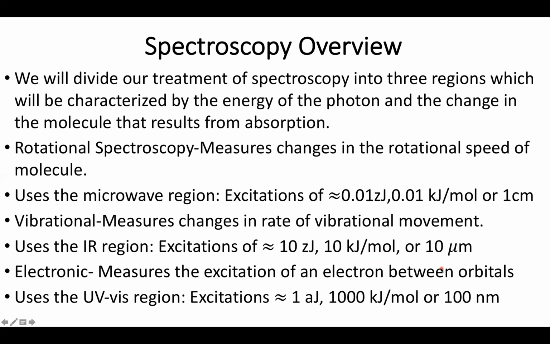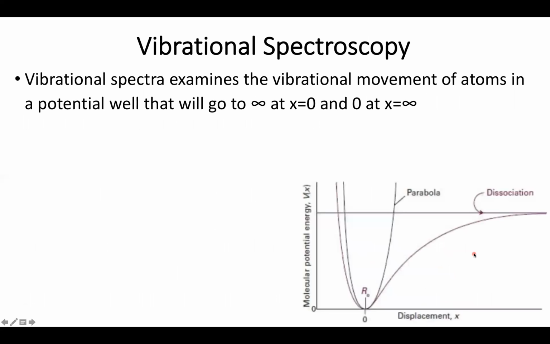These are on the order of hundreds of nanometers, somewhere between about 10 and 100 nanometers if I'm exciting from a core electron orbital, all the way up to 1,000 nanometers if I'm talking about excitations between long conjugated chains. However, we're going to be focusing specifically here on our vibrational spectra.